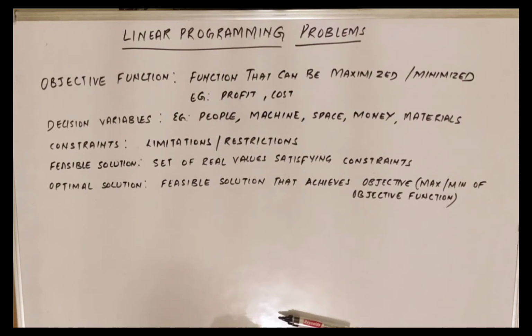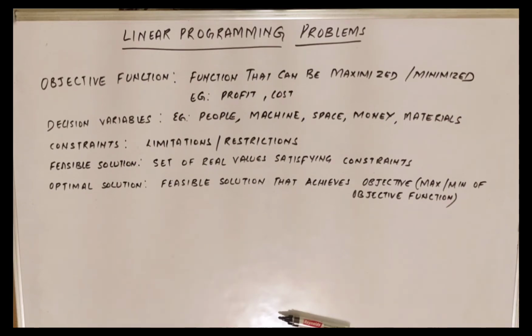They want to increase the profit, reduce the cost, or increase the production of their products. Now, any industry is set up with multiple resources such as people, machines, space, money, and raw materials, right? Using this entire setup, they want to figure out ways in which they can increase their profit.